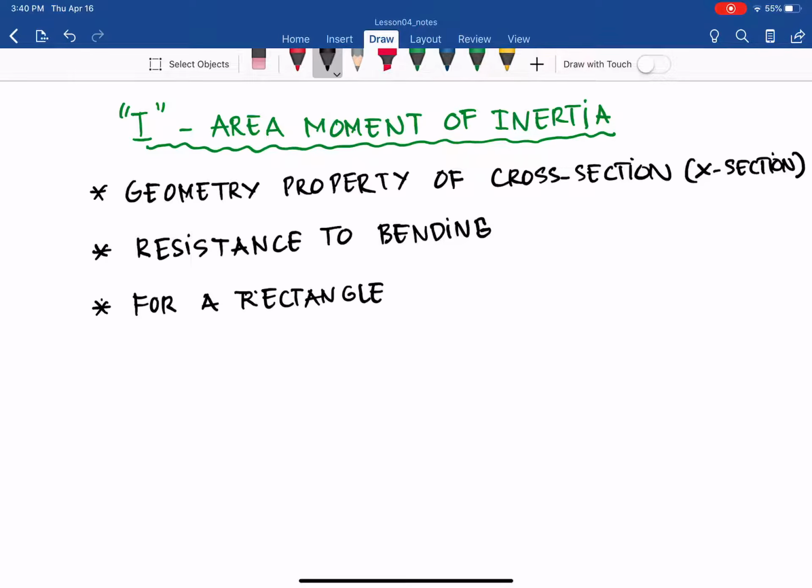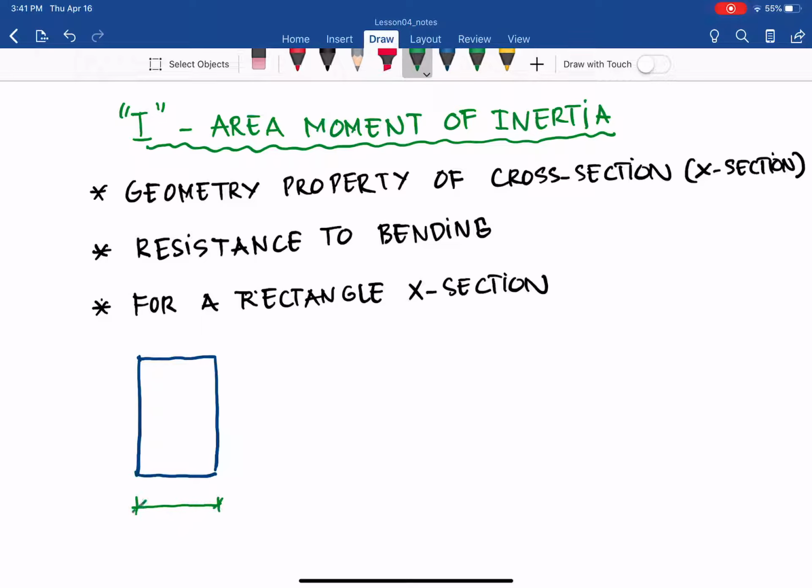Let's assume the cross section is here, a rectangle, and we have the width b, and the height of this rectangle cross section is h.